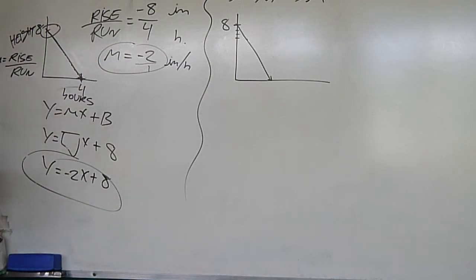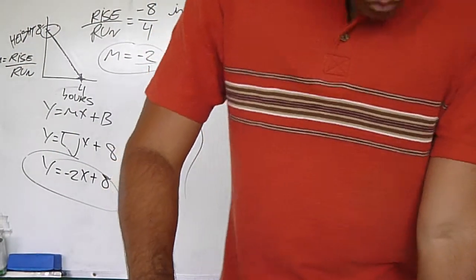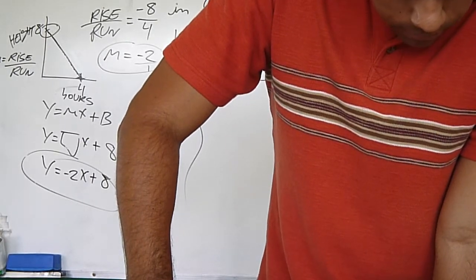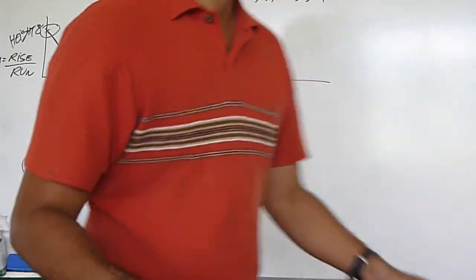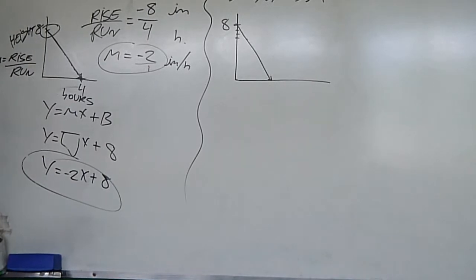So if you compare this graph to this graph, how would the graph for the candle compare with the one shown here? What do you think?